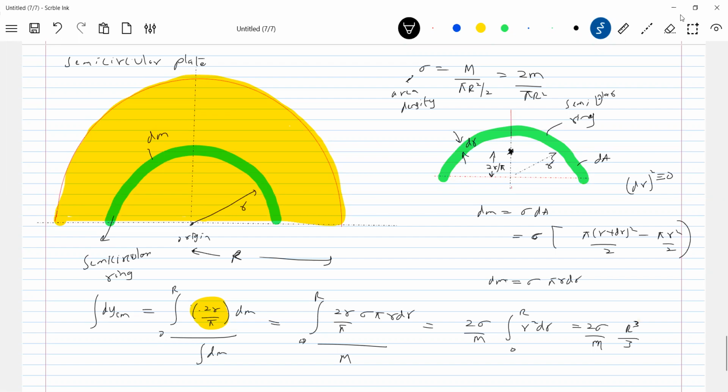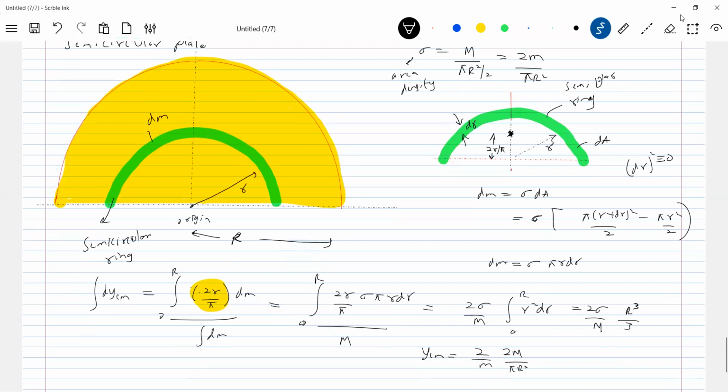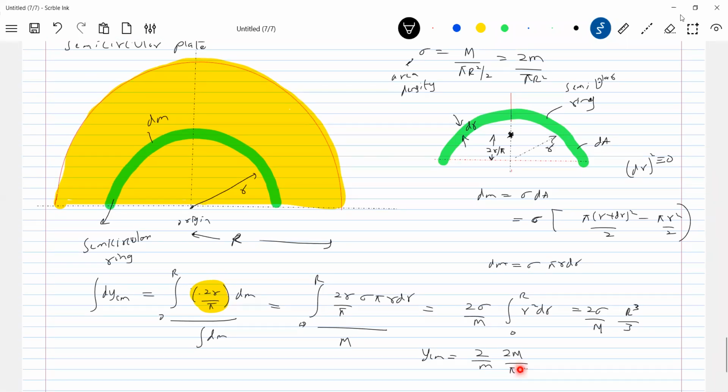Let me substitute sigma, 2m by pi R square. Substituting that, R cube by 3. So how much are we getting? 4R by 3 pi.